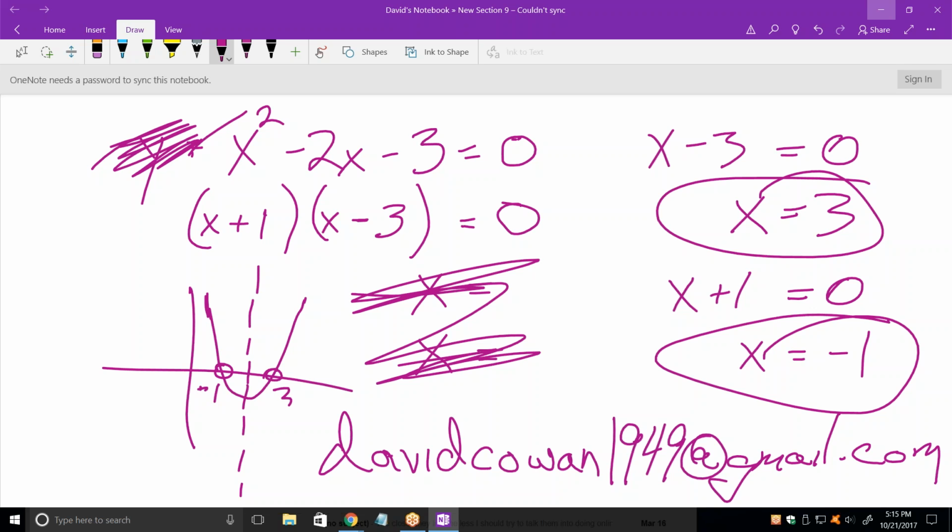What's halfway between -1 and 3? You add the two numbers and divide by 2. So we'd get 2, so it'd just be 1. So the equation of the axis of symmetry is x equals 1. It goes through the point 1, vertical line.